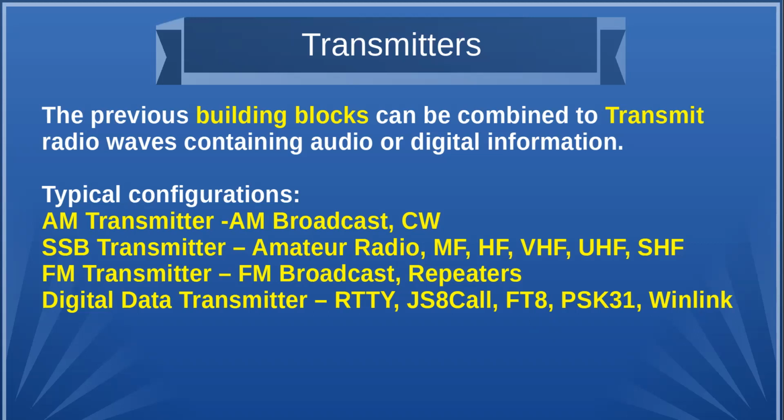So each one of those tones is one of the 8 values. So it's very efficient. Now, I think there's a mode, I don't remember what it is, that actually uses 16 tones. So you're doing 4 bits at a time. Sounds like MFSK, maybe. Yeah, I think it's that one.